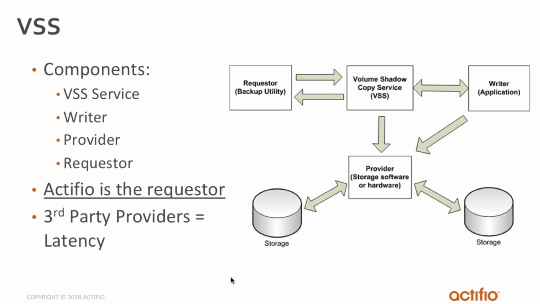It also has a lot of safeguards in it that I'll talk about on the next slide, but it's very fast and it's local inside the machine. As soon as the provider tells the VSS service the snap is done, the service goes back to the writer and says, okay, you can unquiesce and resume your regular IO activities. Once that's finished, the VSS service tells the requester, your snapshot is now ready. So that's the sequence of events.